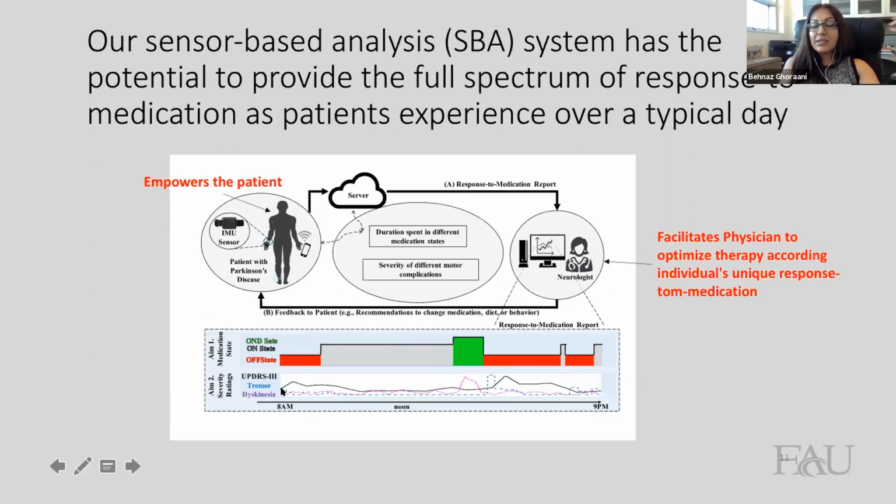It also gives the severity of these symptoms, for example how severe the tremor or dyskinesia was, or the UPDRS, which is a rating of the severity of the symptoms in general.